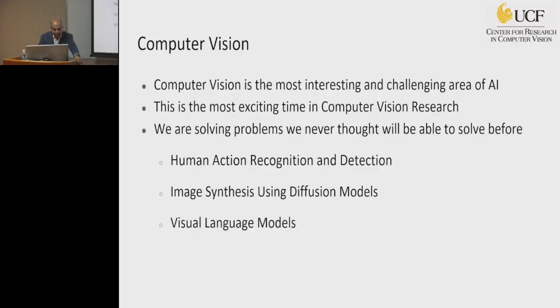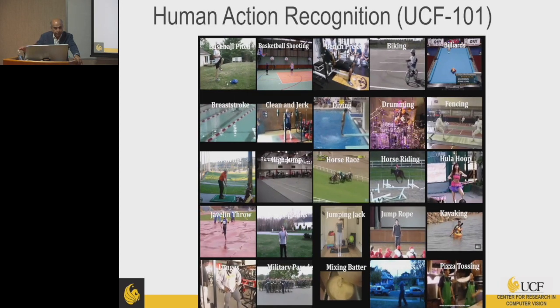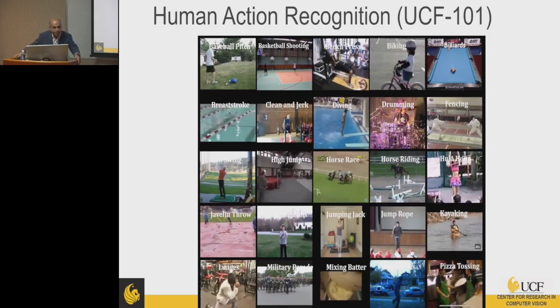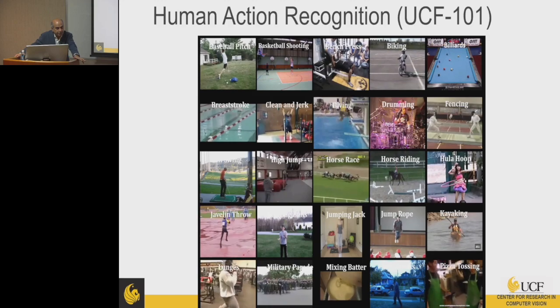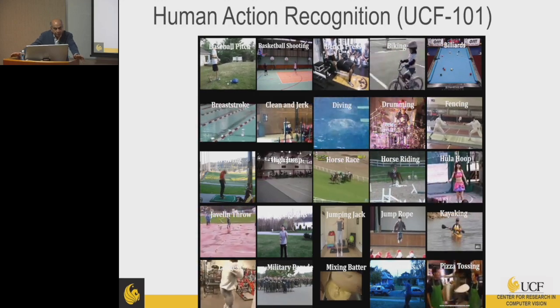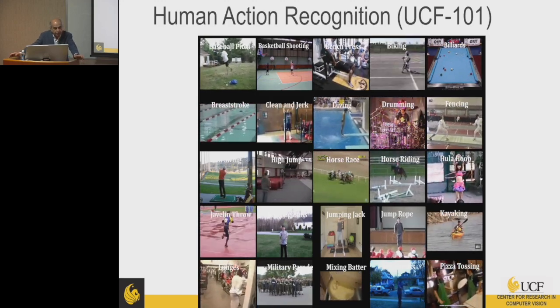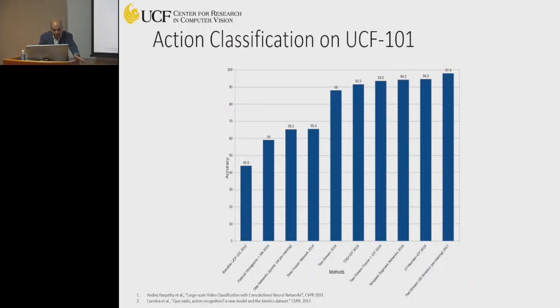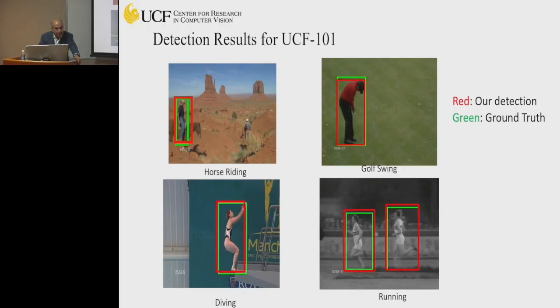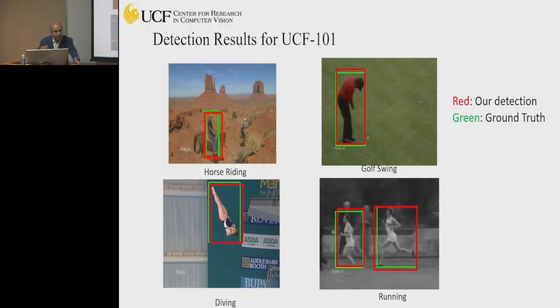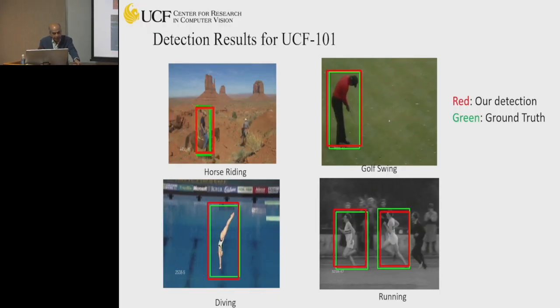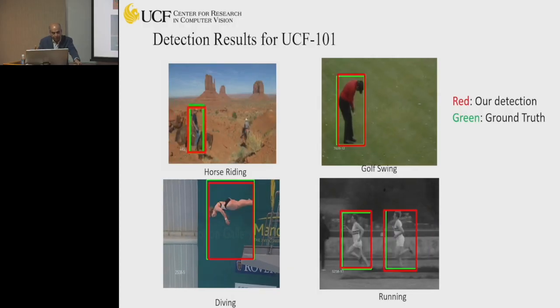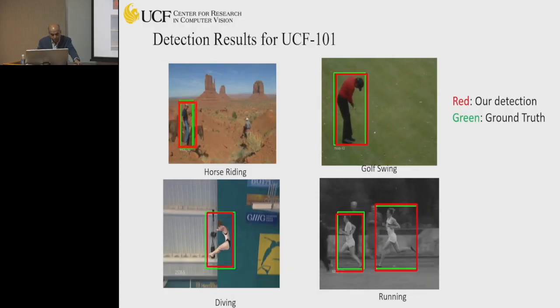Some of you may know that, as Mark mentioned, we have this benchmark data set called UCF101. It has 101 classes of video actions, and we proposed it in about 2012. Now it has reached 100% performance. You can also detect and recognize the actions, and you can see that we do pretty well compared to ground truth.